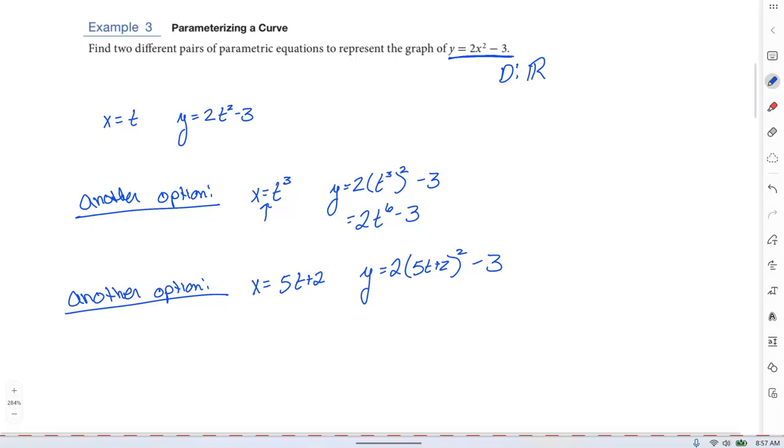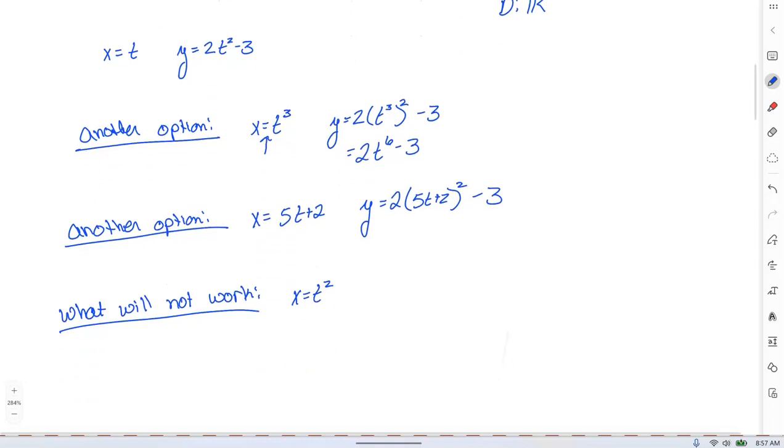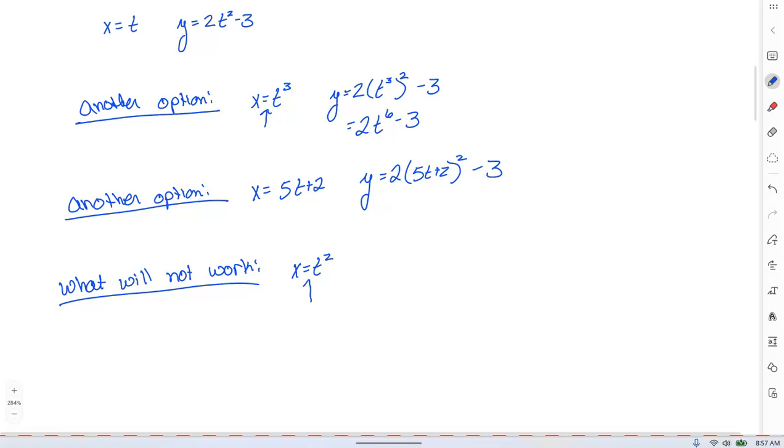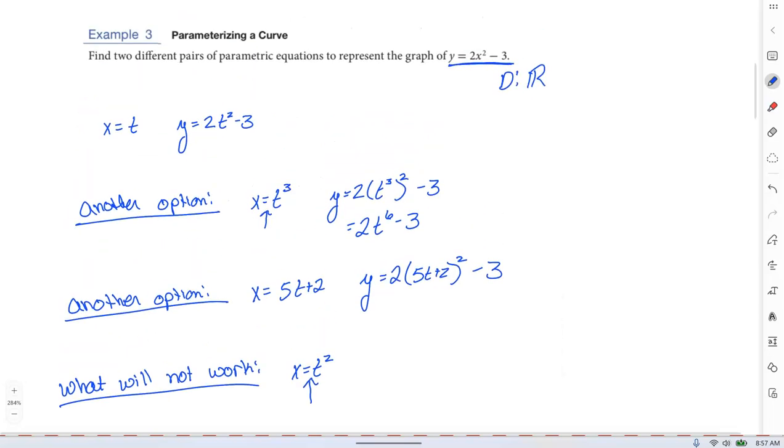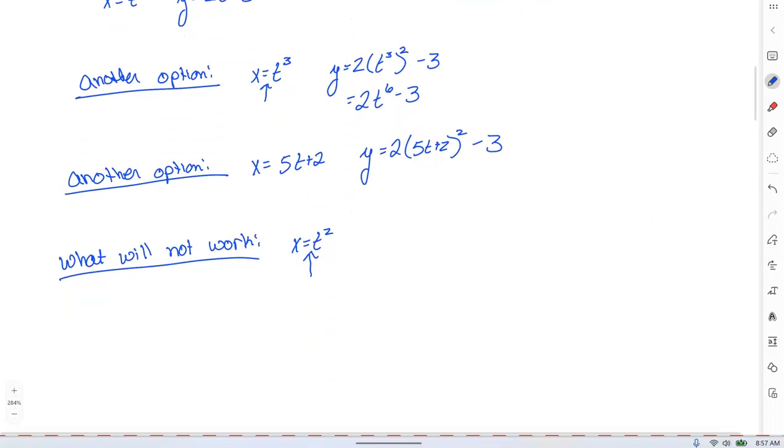Here's what we cannot do and what we have to be careful of. Letting x equal t squared will not work. The reason, think about what we could plug into x in the original. We could plug anything into x. Same thing here. We can plug anything into x, and we will get out everything from negative infinity to positive infinity.